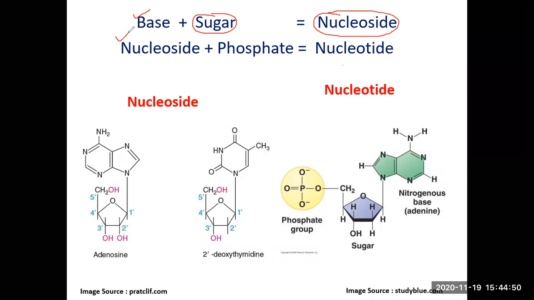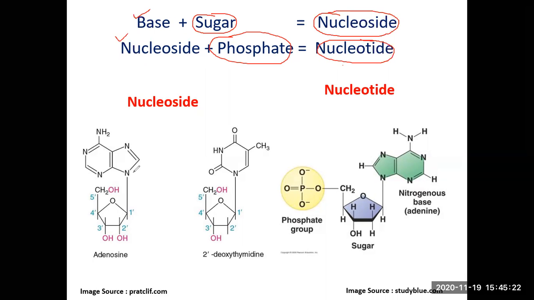And when the nucleoside combines with a phosphate group, the resulting compound is called a nucleotide. So we must understand this. What is the difference between nucleoside and nucleotide? When base combines with sugar, it gives you a nucleoside, any of the 4 bases. And when the nucleoside combines with phosphate, the resulting compound is called a nucleotide. Okay. So basically nucleotide means base, sugar and phosphate, all 3 together.